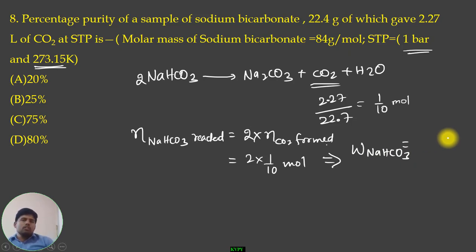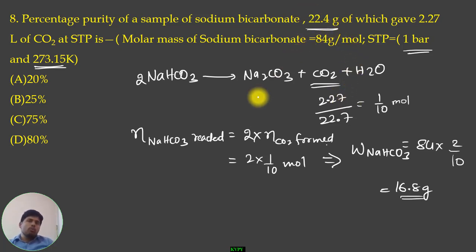Molar mass of NaHCO3 is 24 plus 60, that's 84. 84 into 2 by 10 is 16.8 grams. So only 16.8 gram of pure NaHCO3 is required for producing 2.27 liter of CO2. However, how much is being reacted, you see here, 22.4 gram of sample is reacted.